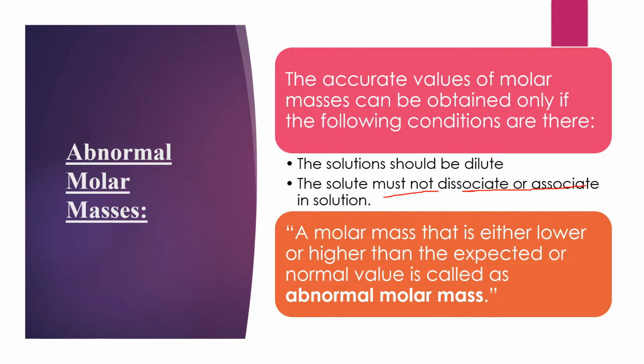Now, a molar mass that is either lower or higher than the expected or normal value is called abnormal molar mass. Here is the proper definition which we have to learn in this part.